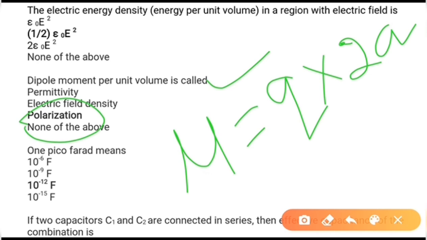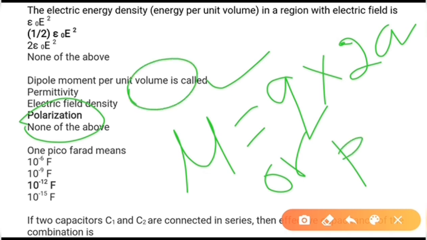This is called dipole moment, mu or small p. So dipole moment per unit volume of the material is called polarization. We studied polarization in dielectric materials. When you apply the electric field to the dielectric material, polarization will occur. So that is the definition.